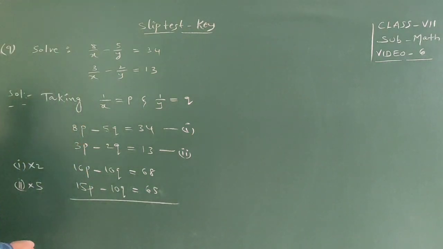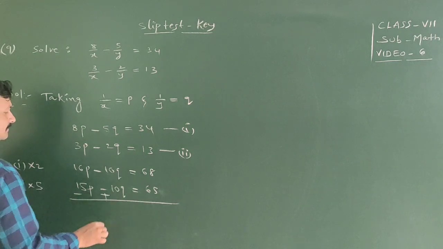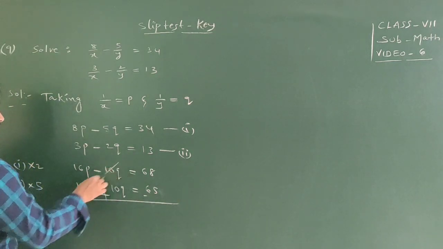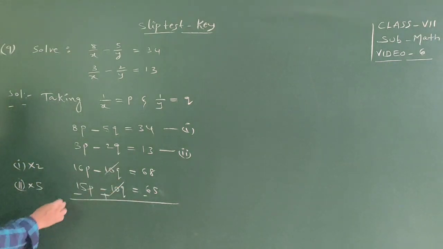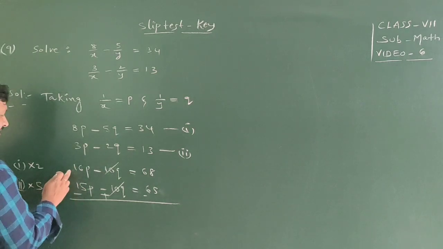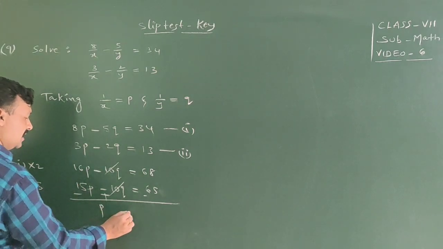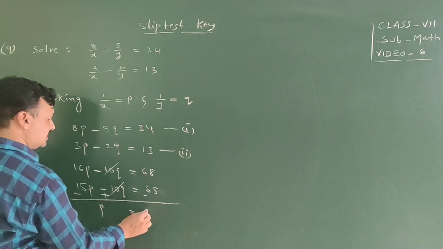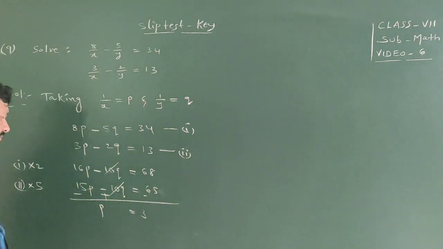If you subtract the resultant equations, here 10q, 10q get cancelled. 16p minus 15p equal to p. 68 minus 65 equal to 3.